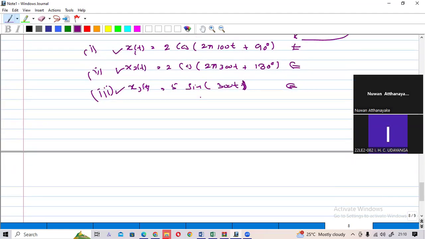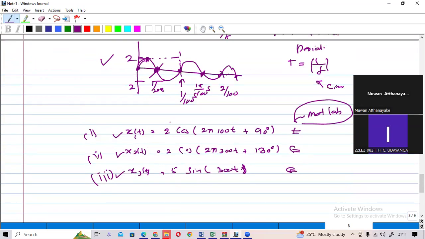Now another point. This is the waveform. I draw this x(t) with respect to time. This is a waveform, or time dimension.